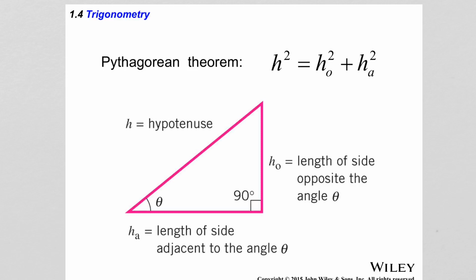So for a right triangle with a hypotenuse h, adjacent side HA, and opposite side HO, the relationship between the length of the 3 sides is that hypotenuse to the second power is equal to the opposite side to the second power plus the adjacent side to the second power. This relationship gives us the opportunity to find any of the 3 sides when we know the other 2. This again applies only for a right triangle.